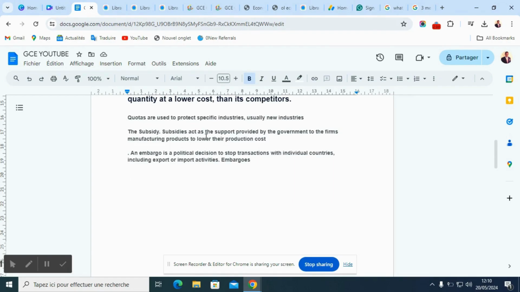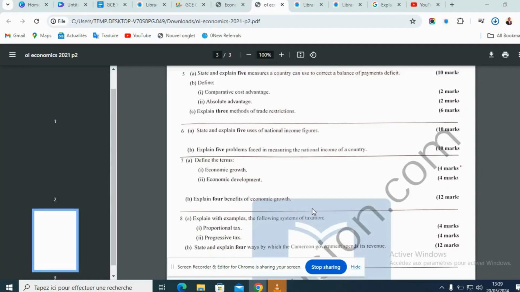Subsidies act as a support provided by the government to the firms manufacturing products to lower their production cost. The last one is embargo. An embargo is a political decision to stop transactions with individual countries, including export or import activities. So that is the answer for that.